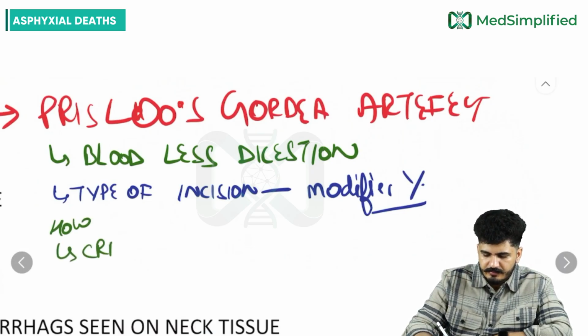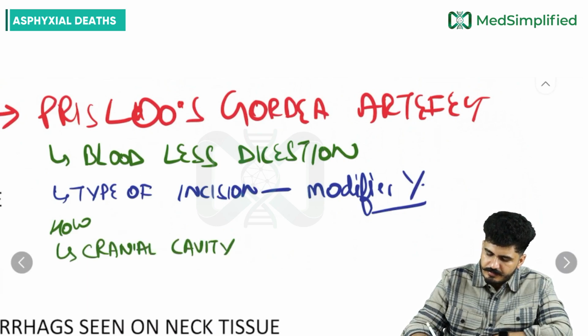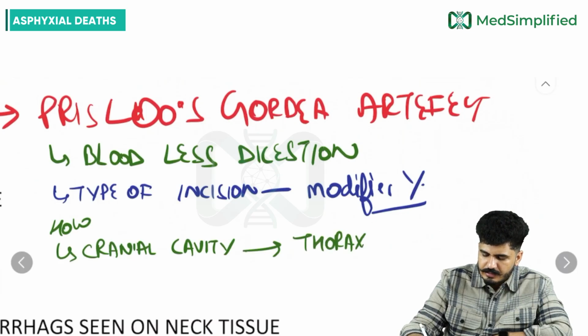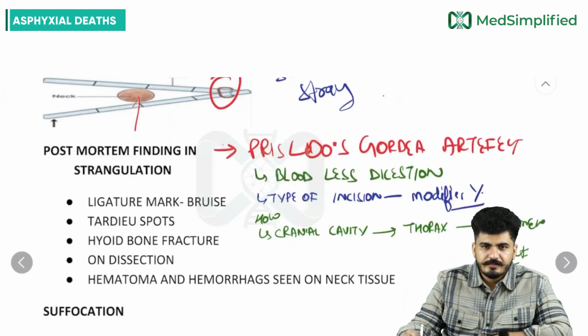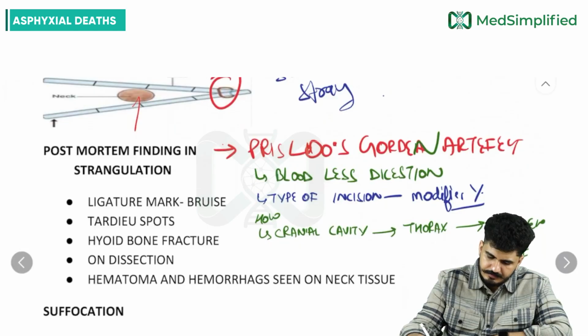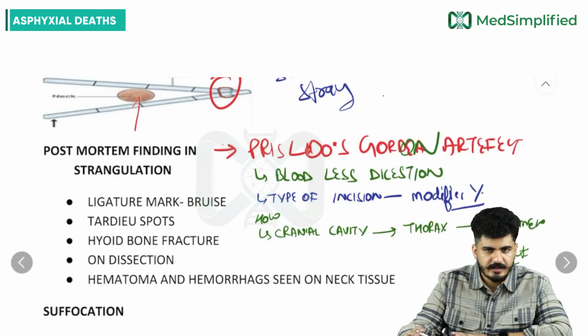First is the cranial cavity, after that the thorax, after that the abdomen, and in the last, the neck. So avoid this Prinsloo Gordon artifact; bloodless dissection can avoid it.